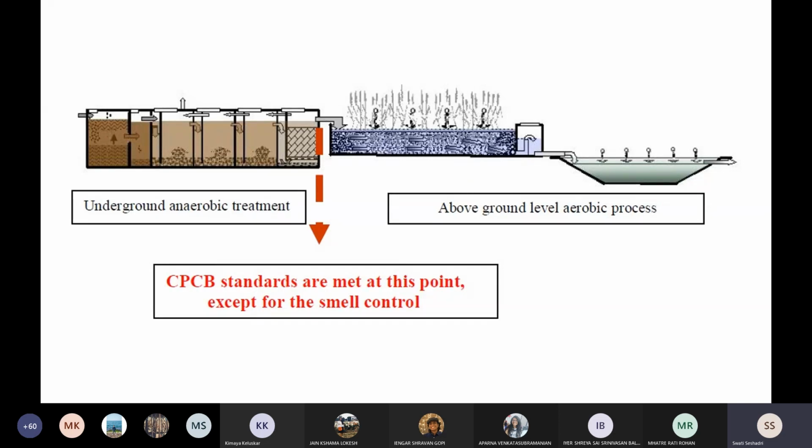sometimes you can also pass it to a closed tank, but that tank will then carry the odor that the water is still carrying with it. Because you're putting it in a closed tank that will have a vent pipe, it's not going to clean it in terms of the odor to that extent.